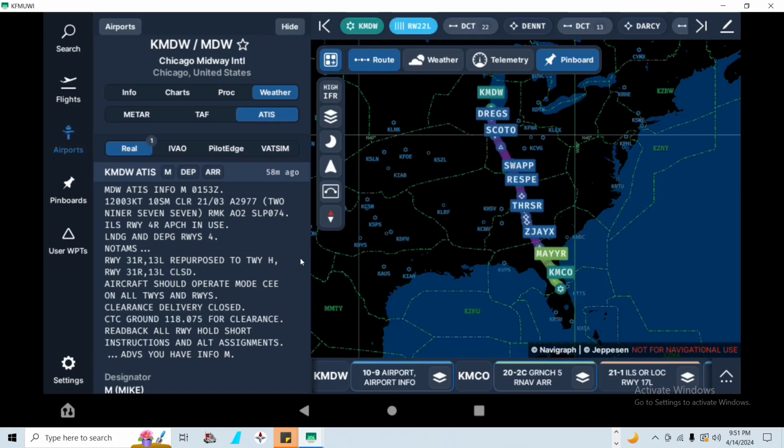CLR stands for clear skies. Then you see 21/03. 21 stands for your temperature, and 03 stands for your dew point. And of course that is in Celsius, so you can do the math and you can translate that into Fahrenheit.